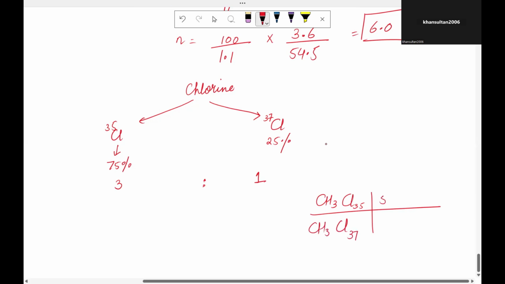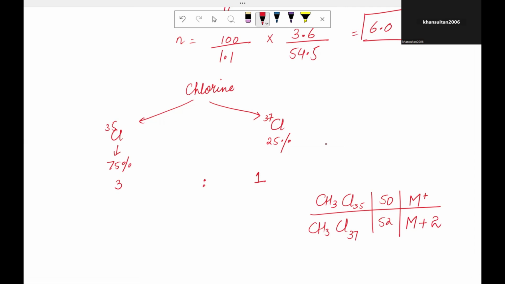So its total mass is 50, and its total mass is 52. Now, this one is M plus, and this one would be M plus 2, because the difference in the molecular mass is plus 2.